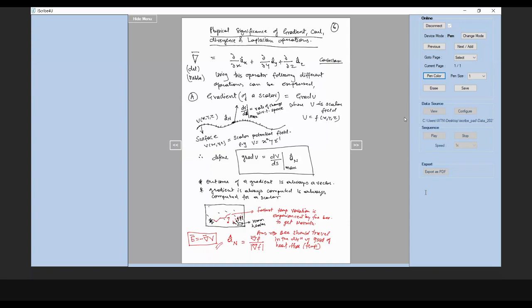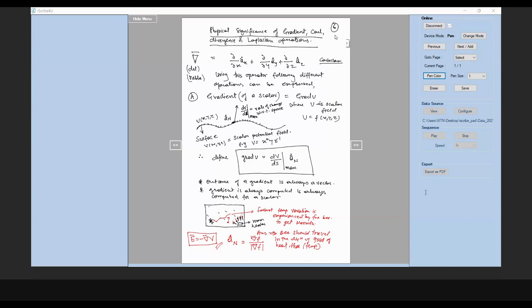Therefore that compensating factor would come. So categorically, make a practice to write or express gradient in cylindrical as well as spherical coordinate system. Then you will find that this is all about gradient.